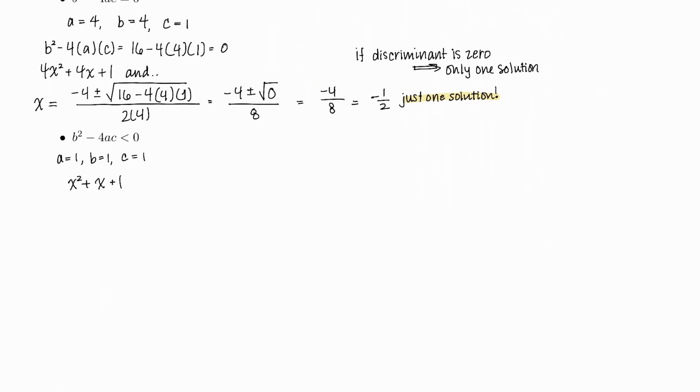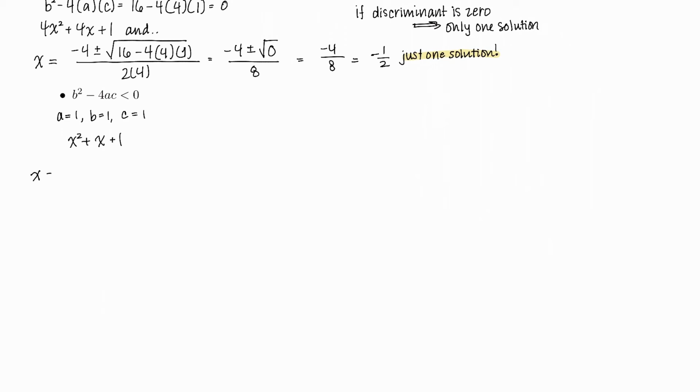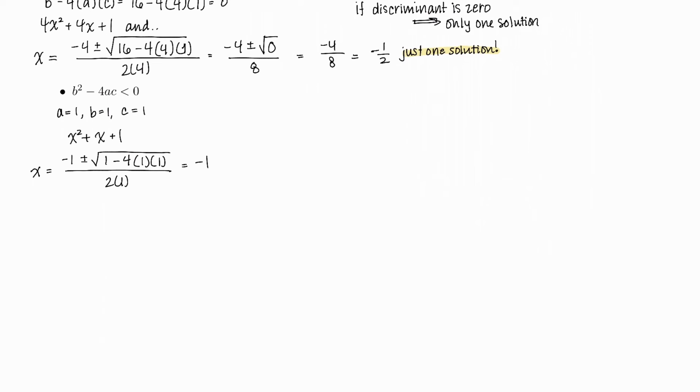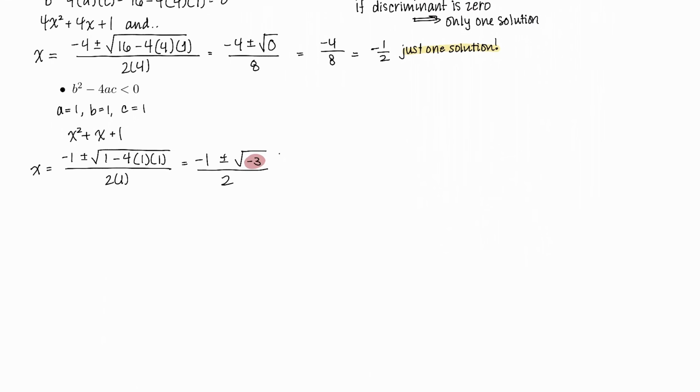And when we plug that into the quadratic formula, we get that x is equal to -1 plus or minus the square root of 1 minus 4 times 1 times 1, all over 2 times 1, which is -1 plus or minus the square root of -3 over 2. And we've seen before that we can't take the square root of -3. So we don't have any solutions.